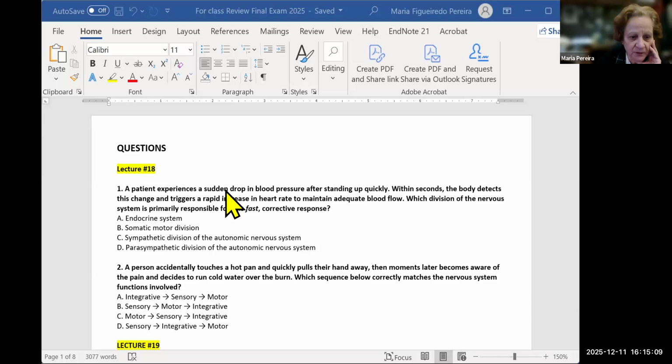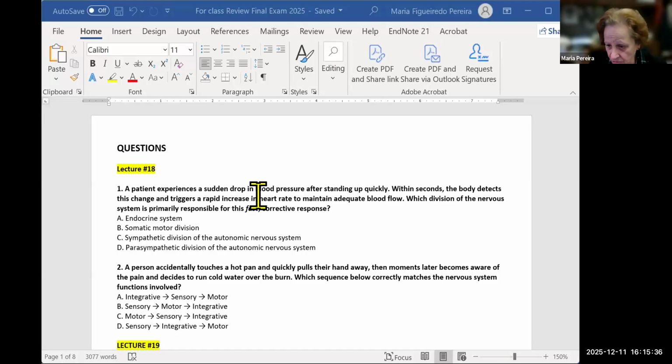A patient experiences a sudden drop in blood pressure after standing up quickly. So emergency situation. Within seconds, the body detects this change and triggers a rapid increase in heart rate to maintain adequate blood flow. Which division? Sympathetic, right? So it's fast.